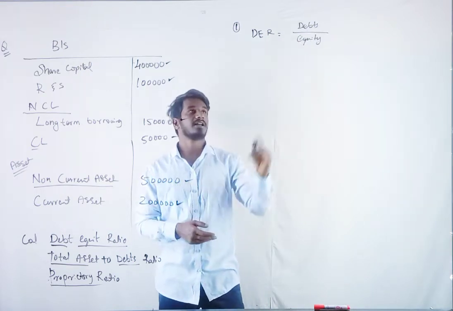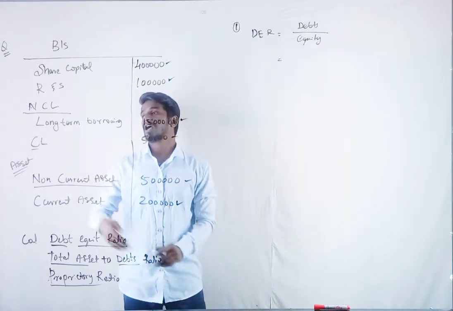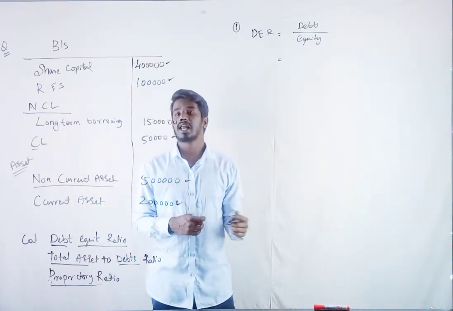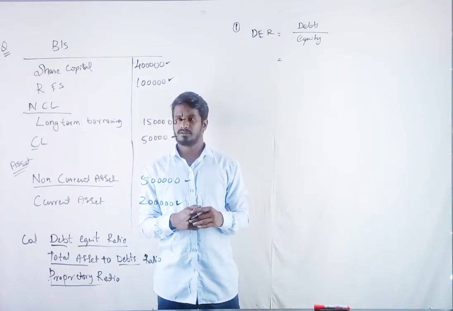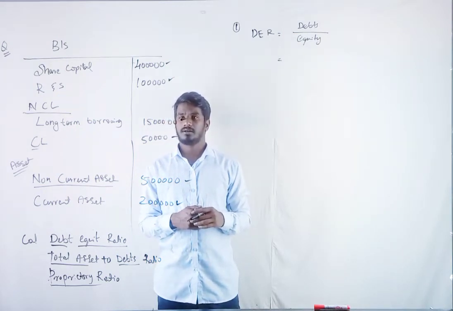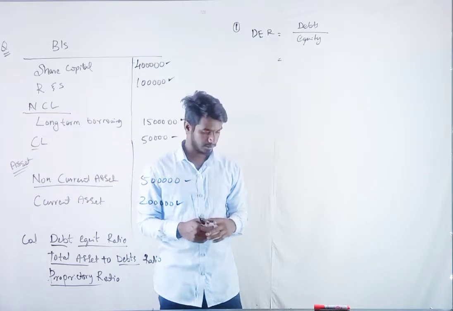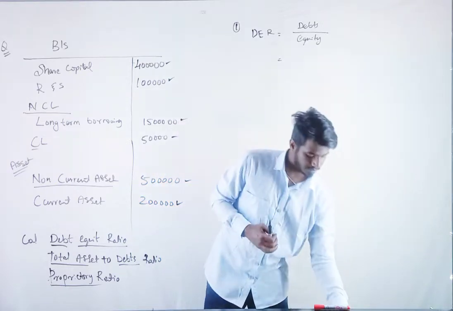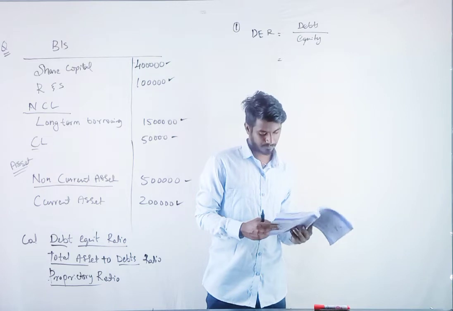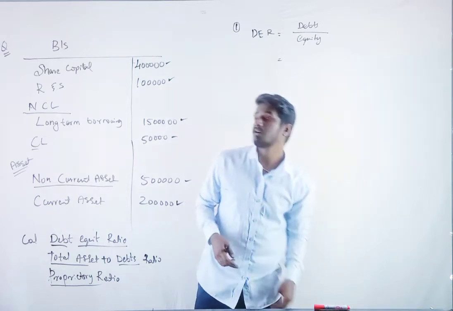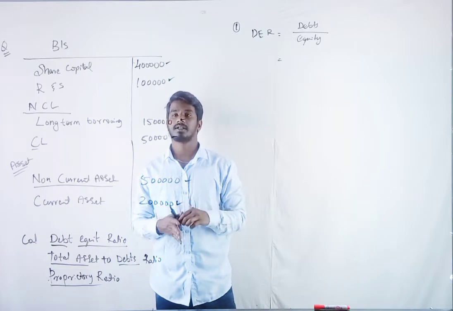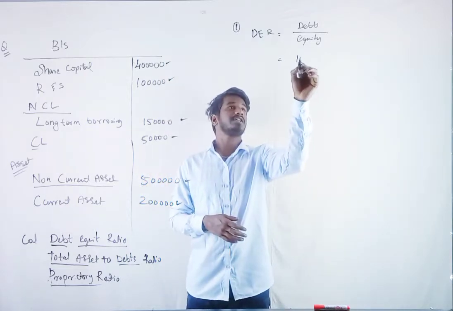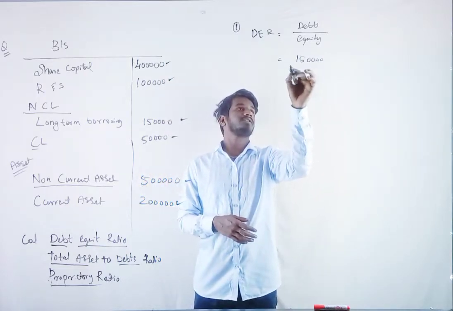How much debts do we have? Long term borrowings 1,50,000. Did I write 15 lakh? One second, let me check that amount. Yes, that's 1,50,000, not 15 lakh. Debt is 1,50,000.